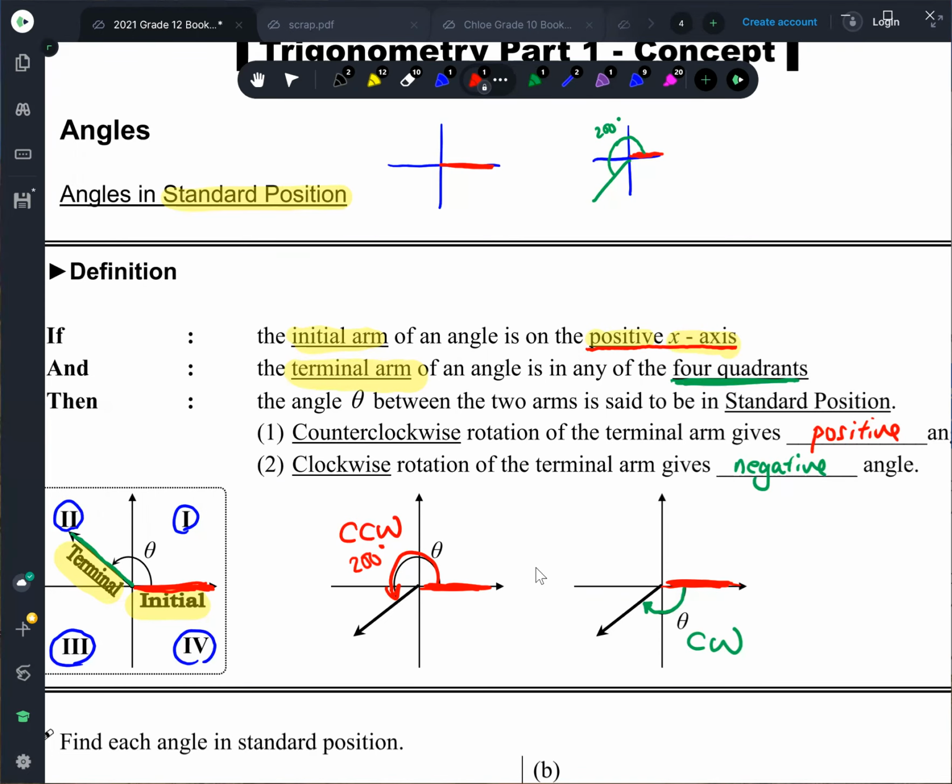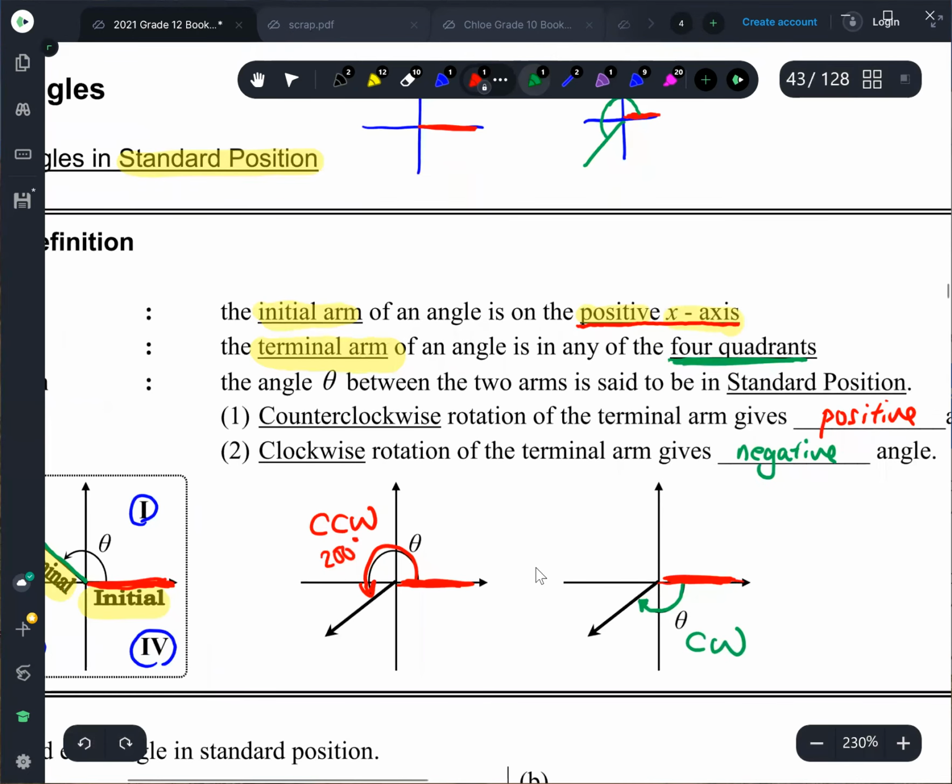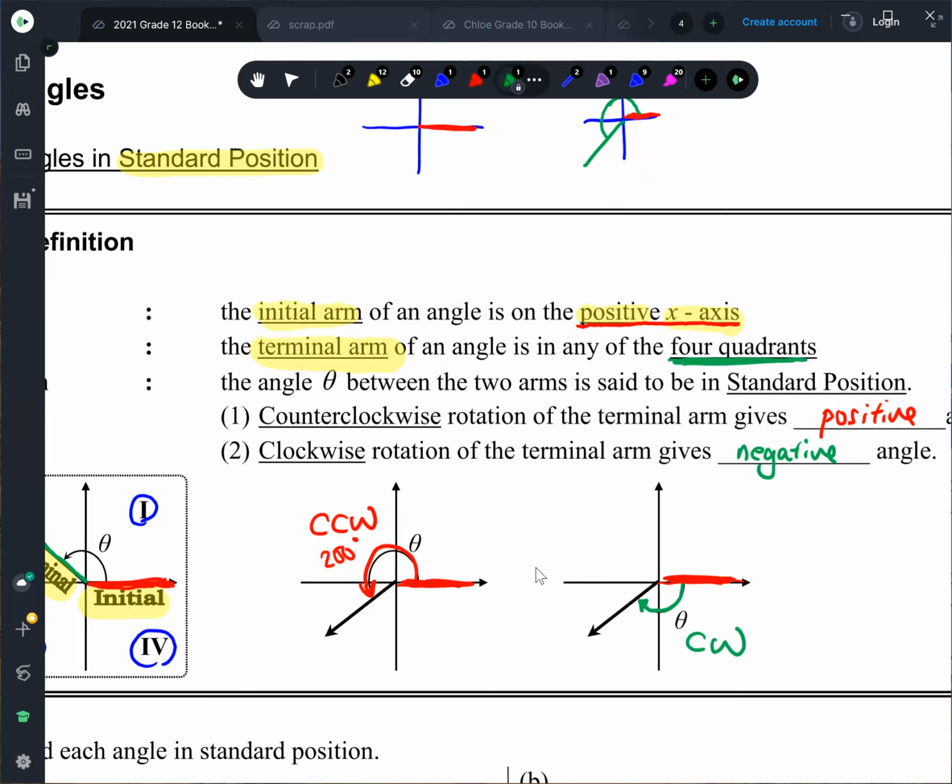How big is the clockwise turning to the same place? 160. How did you find that number? Because 360 degrees minus 200. Okay, 360 degrees is the full circle, so you take away the other part, and what's left over will be the clockwise.